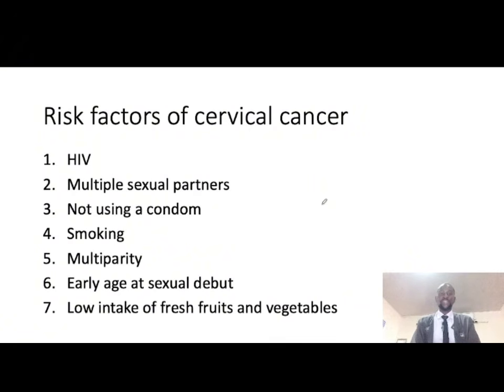Early age at sexual debut. Remember what we talked about. In the early years before puberty, the squamocolumnar junction is located in the endocervical canal, and as the girl reaches puberty, you have the cervix growing under the influence of hormones, and it everts outside, forming a new squamocolumnar junction and also the transformation zone.